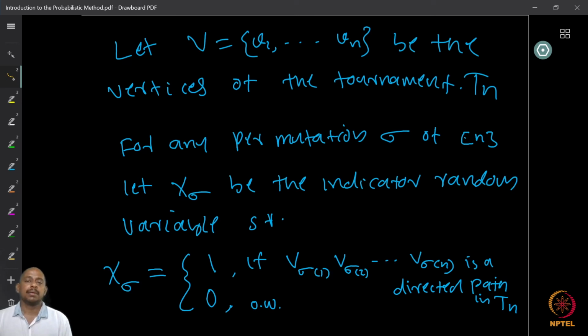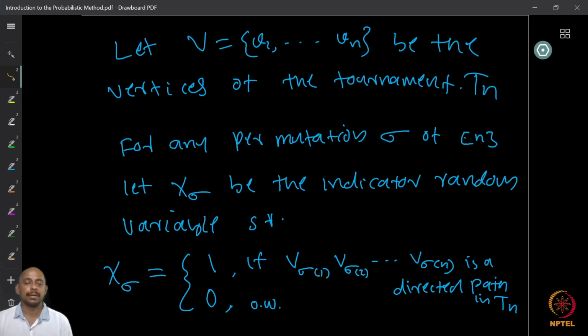Now suppose V1 to Vn are the vertices of the tournament Tn on n vertices. Then any permutation of the n vertices defines a path in the undirected graph K_n. But this path may not be a directed path. So I just look at the permutation sigma of the n vertices. There are n factorial such permutations. Each permutation will give me a path in the undirected graph.